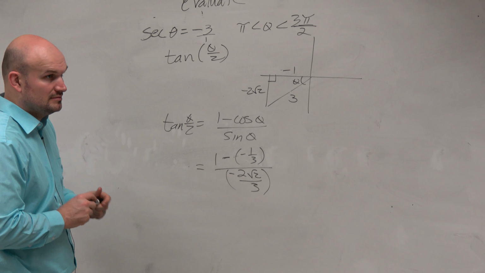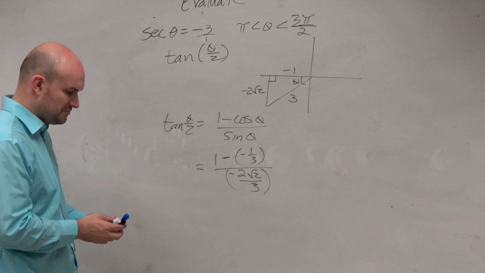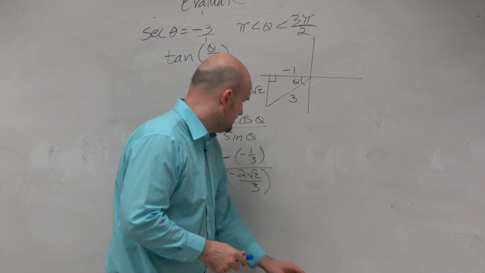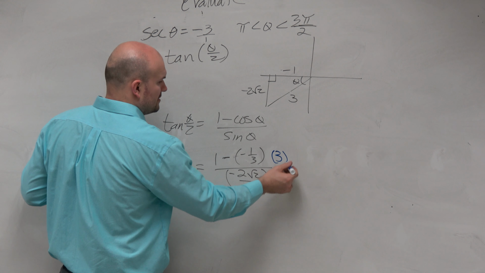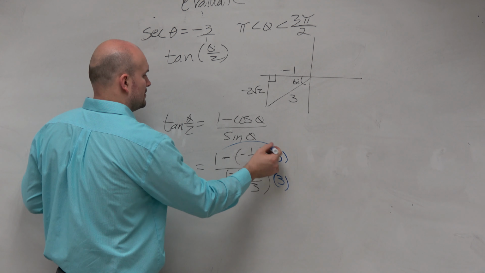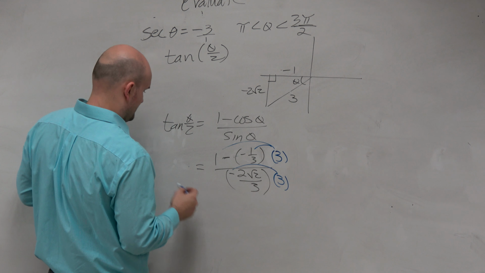OK? And then we just want to get rid of our complex fraction, which we've been doing quite a bit today, right? So we'll just multiply by a 3 over a 3. Yeah? Then what?